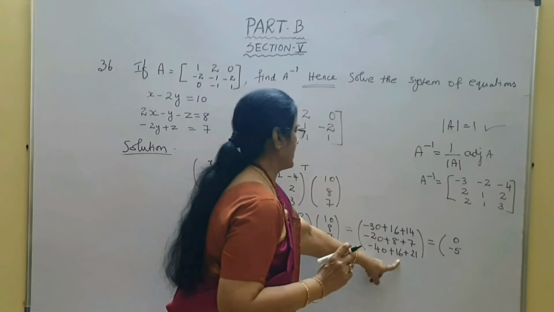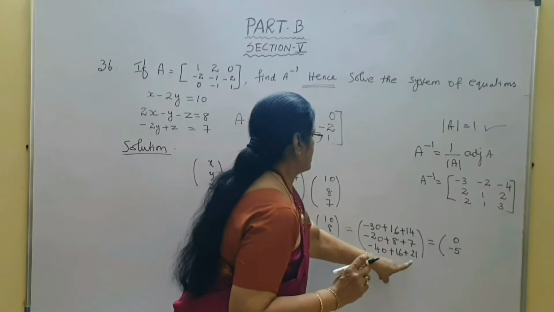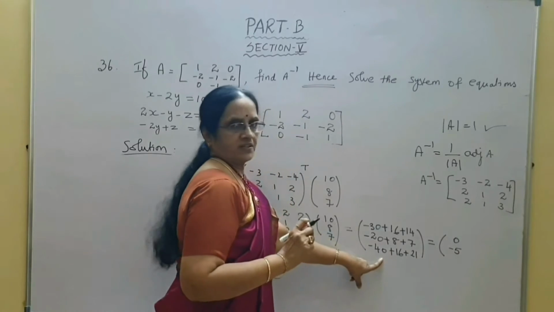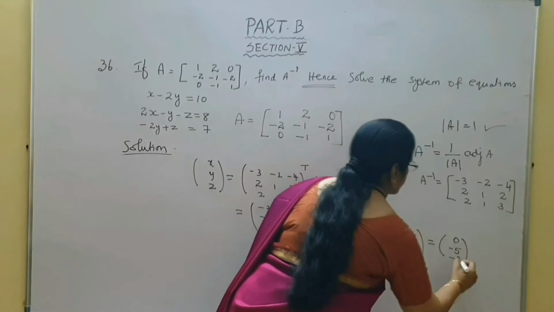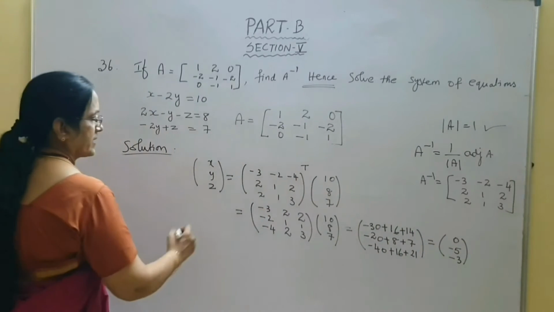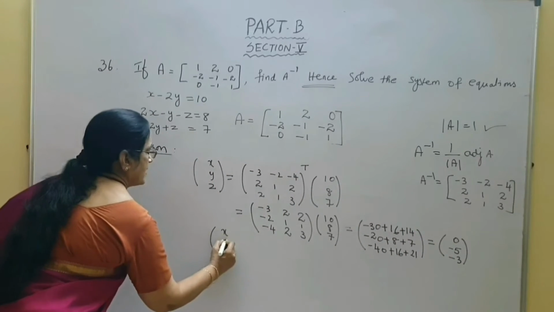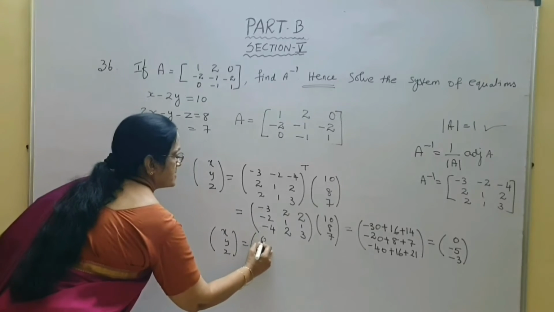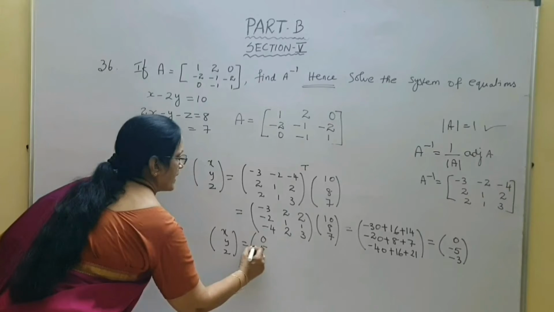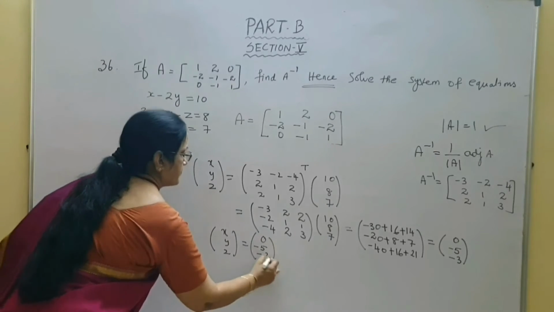And here you will be having 37 minus 40, which is minus 3. So, you are getting the matrix X, Y, Z is equal to the matrix 0, minus 5, minus 3.